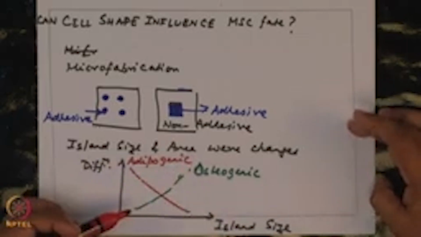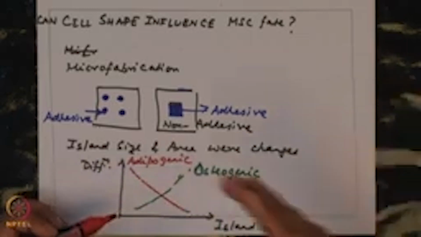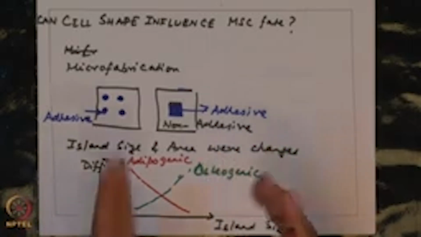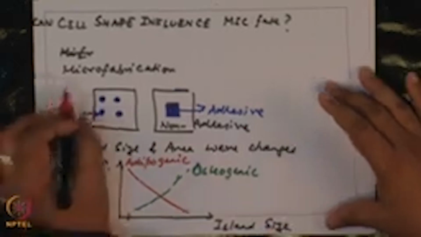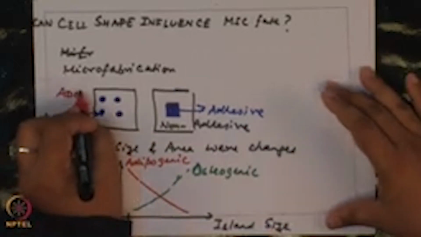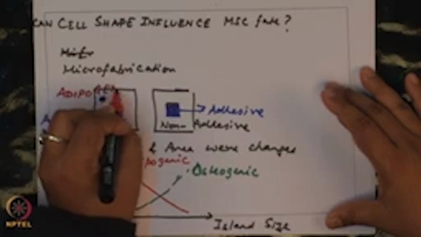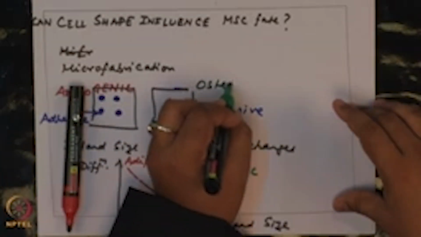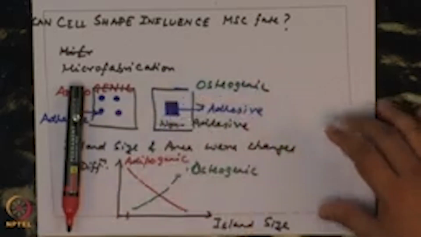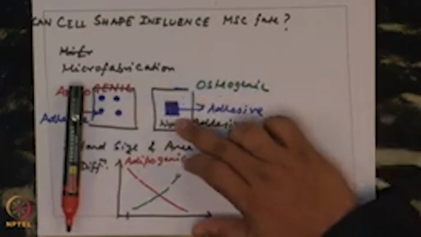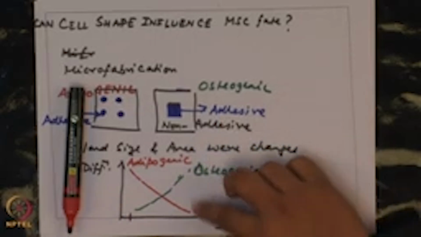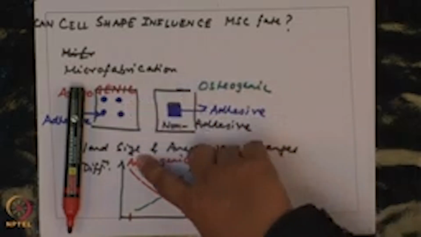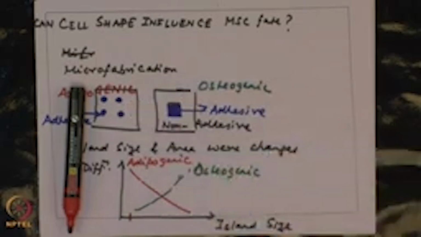Increase in island size switched the differentiation status, with a more prominent adipogenic differentiation on small island sizes. So, this environment will be more adipogenic and this environment will be more osteogenic. So, bigger the island size, more osteogenic differentiation, less adipogenic differentiation. Smaller the island size, more adipogenic differentiation, less osteogenic differentiation.